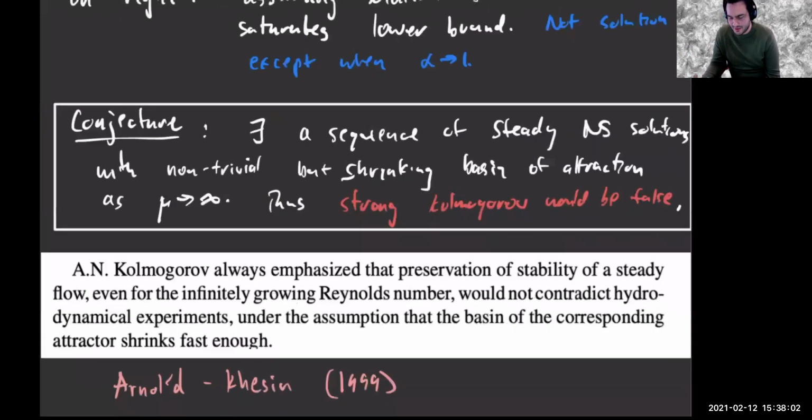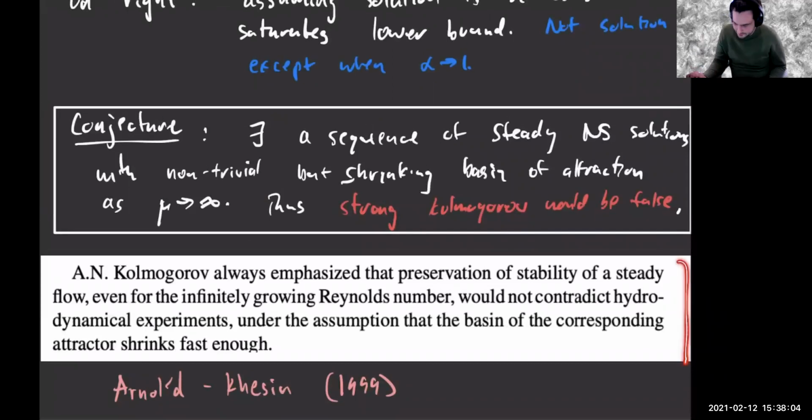Well, let me quote him. This is the last word of the mini course, from Arnold and Khesin's book. Kolmogorov always emphasized that the preservation of stability of a steady flow, even for infinitely growing Reynolds numbers, would not contradict hydrodynamical experiments under the assumption that the basin of the corresponding attractor shrinks fast enough.